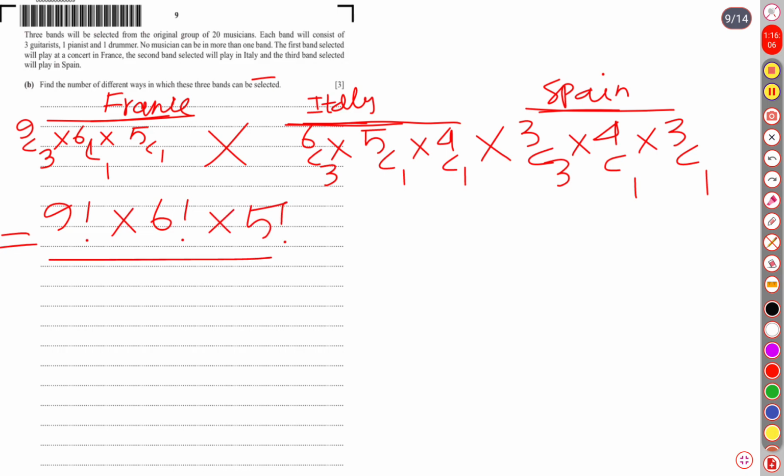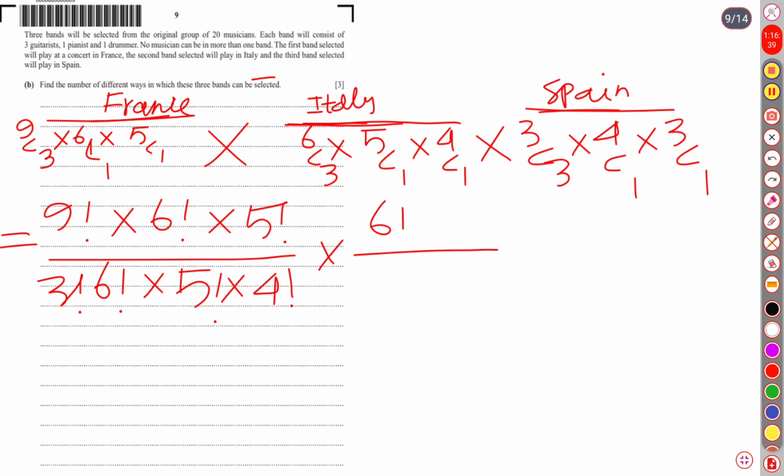And the denominator is going to be 3 factorial into 6 factorial, then 1 factorial into 5 factorial. 1 factorial means 1, so let us write 5 factorial, and here also 5 factorial means 1 and 4, so 1 can be avoided. Then for the second case, the numerator is 6 factorial, and 5 choose 1 means actually 5, so 4 choose 1, it is 4.